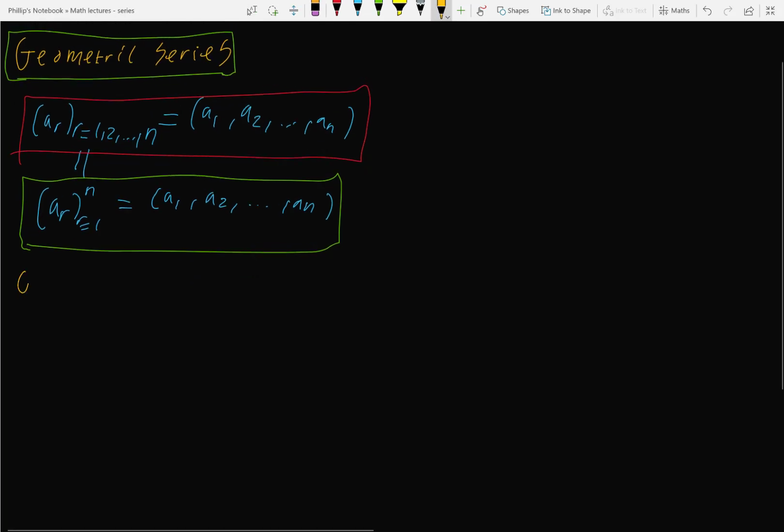So the general definition of a geometric series is as follows. Take a sequence a underscore r.